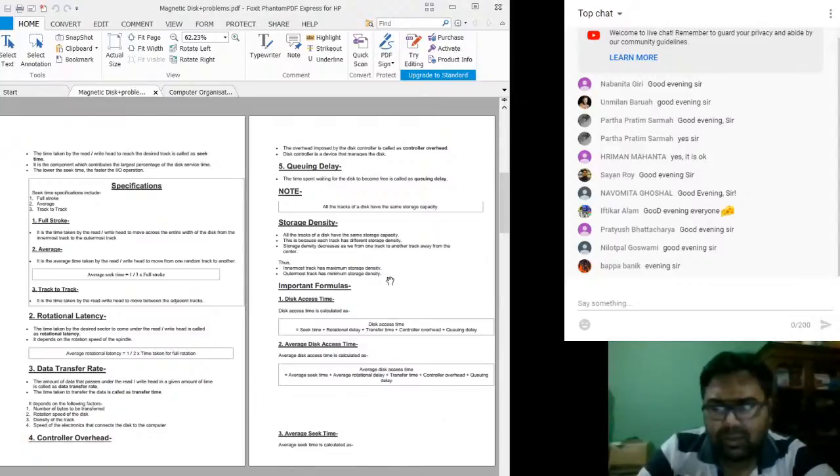These densities are with respect to which sort of disk organization? Morning only we had seen some disk layout mechanisms, right? Can you say with respect to which layout mechanism this will be true? Innermost track has maximum storage density, outermost track has minimum storage density.